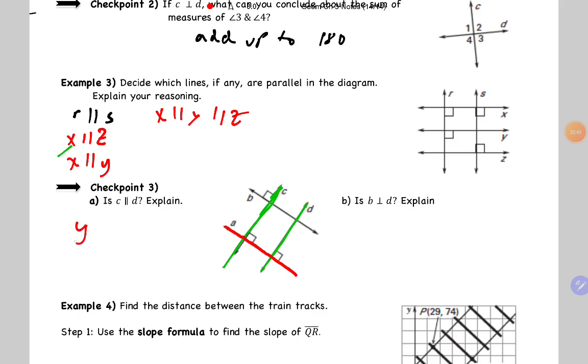So yes. And then is B parallel to D, or perpendicular to D? So this one's also yes.